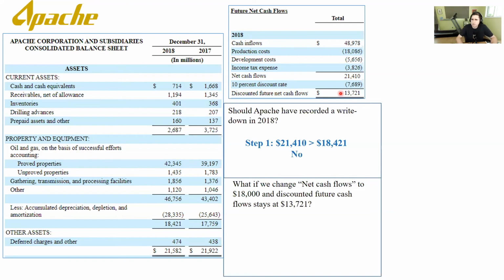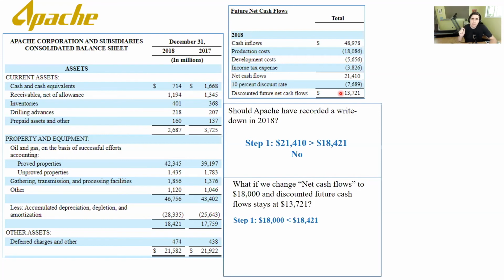Well, in the original scenario there was no write-down, and they did the correct thing. Step one in this new scenario would be to compare the 18 billion of future undiscounted cash flows to the $18.4 billion in net book value. And the undiscounted cash flows is less than the current net book value, okay?